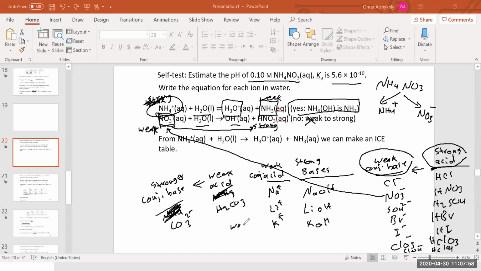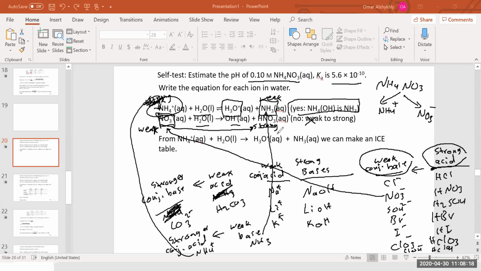The same idea for a weak base: it gives me a little bit stronger conjugate acid, like ammonia, NH3, NH4 positive. That's why I decided here NH4 positive is a little bit stronger, NH3 is weak, so it can happen. So that's how you will decide if that could happen or not.